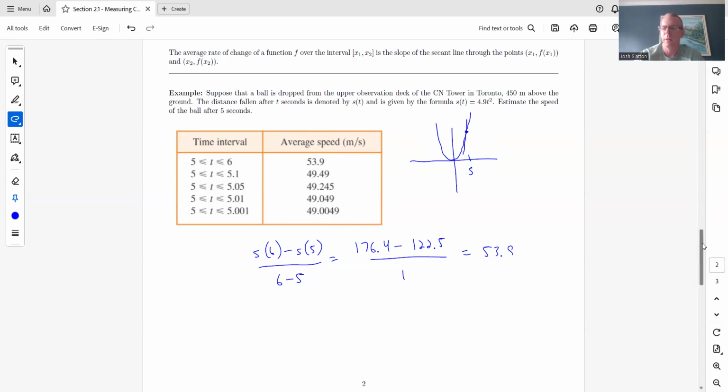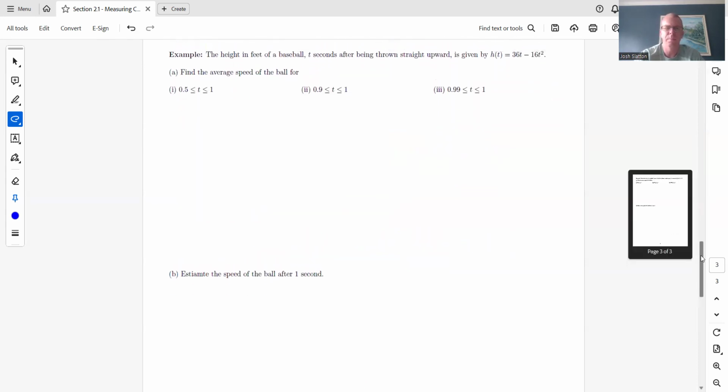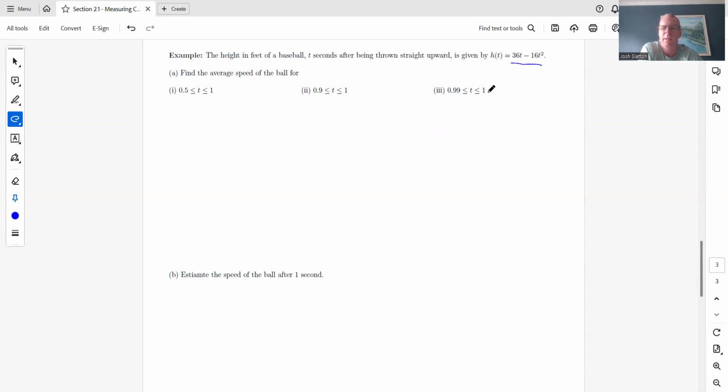So let's look at another example here. The height in feet of a baseball is given by 36t minus 16t squared. Let's look between 0.5 and 1, and then 0.9 and 1, and then 0.99 and 1. We could do 0.999 and 1 if we wanted to.